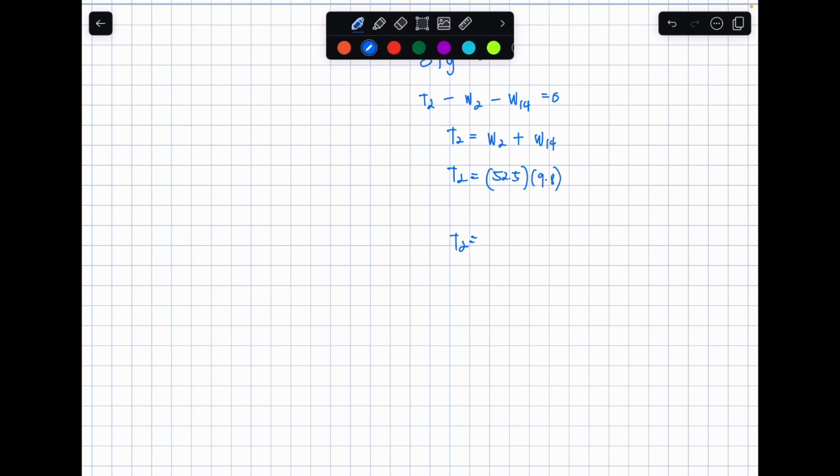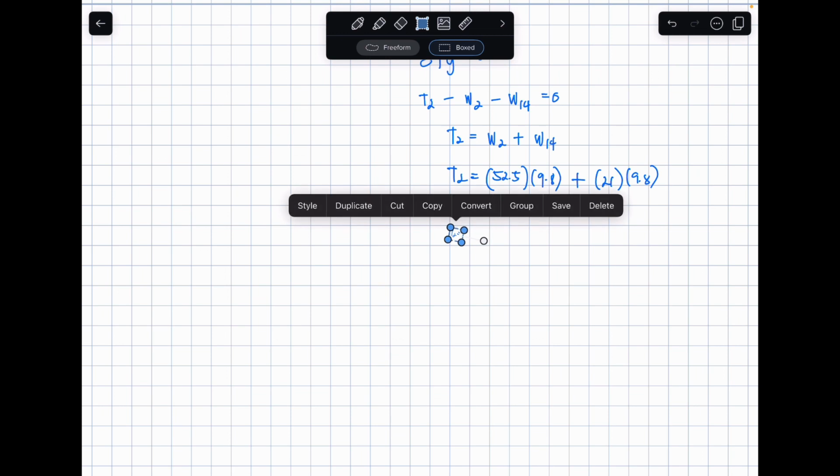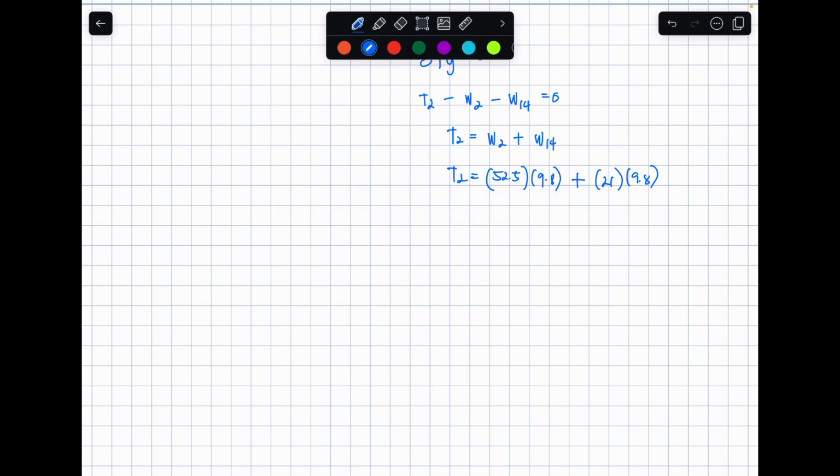So 52.5 times 9.8 plus 21 times 9.8, which is 720.3. And this would be in gram meters per second squared.